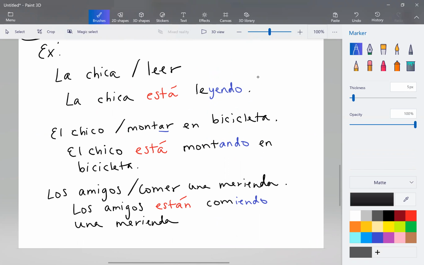Okay. When you're working with these, you have to make sure that your version of estar matches the person or people that you're talking about, and that you pick the right ending for the type of verb you have. The verbs like leer that have two vowels in a row, and the first one's an E or an I, or if it's just ear, they all have Y's in them.